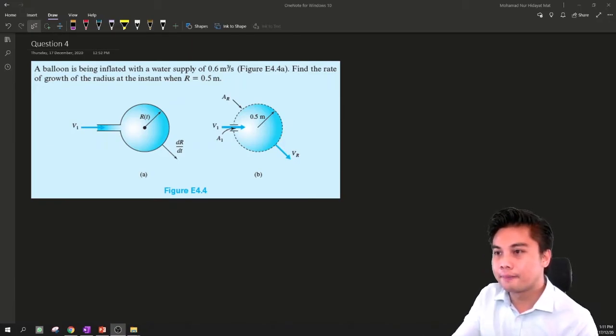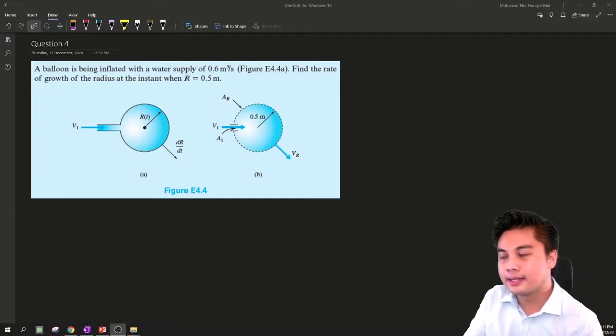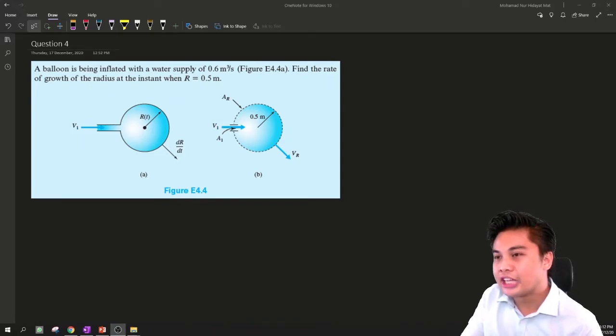So here the question given, here is the balloon and here we have the velocity inlet, and actually here we have the outlet.